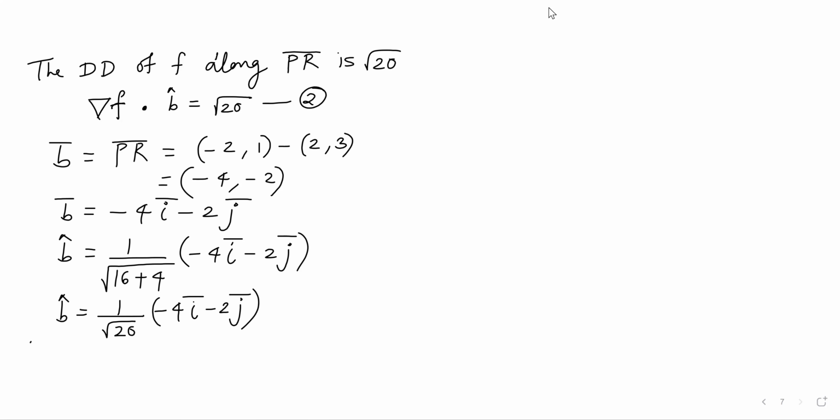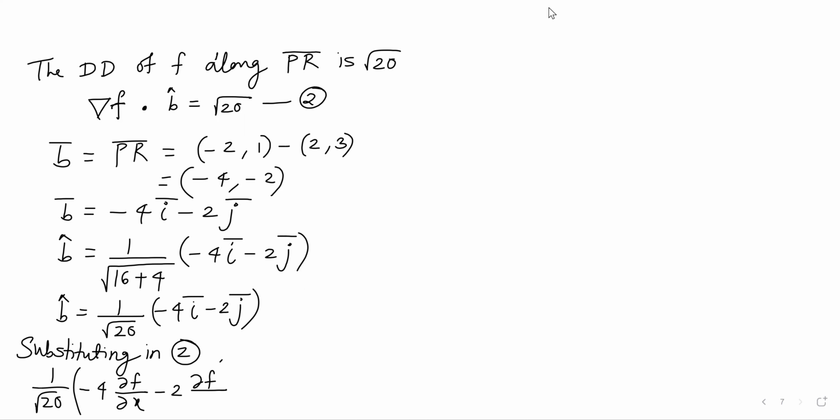So substituting into it. Now I'll not write del f, we have written it earlier. So we get 1 by root 20 times minus 4 dabba f by dabba x minus 2 dabba f by dabba y, and that is equal to root 20 only. Correct?